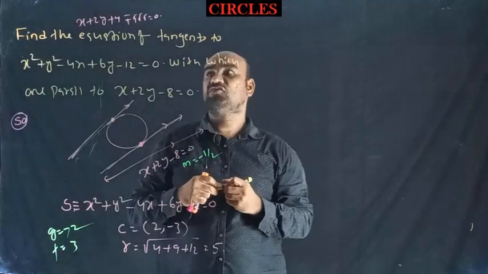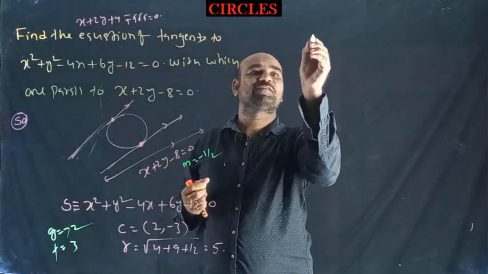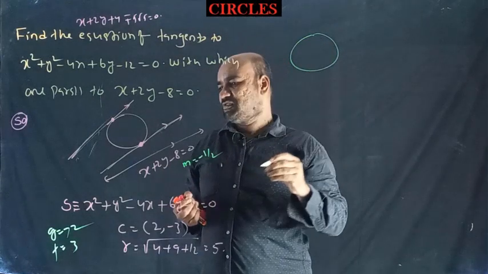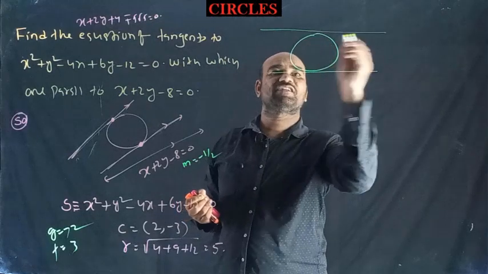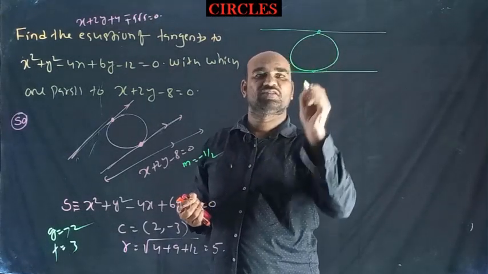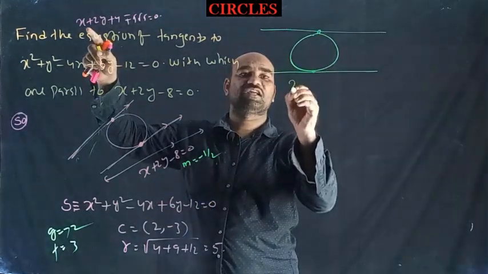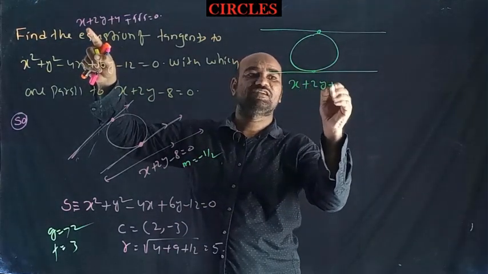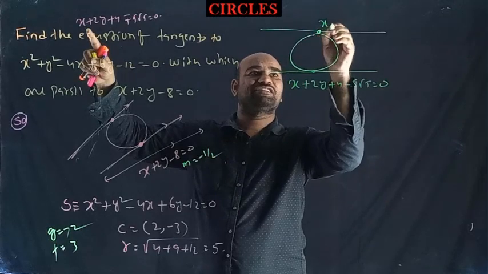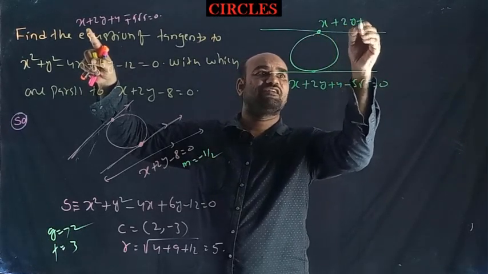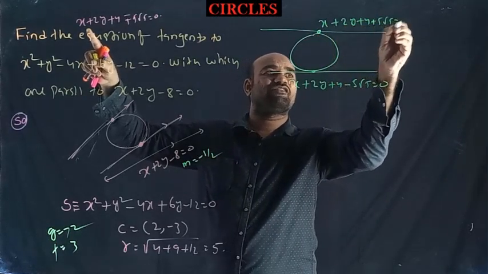Okay students, just now we got the tangent equations. This is the circle, this is one of the tangents, this is another one. So this can be written as x plus 2y plus 4 minus 5 root 5 equal to 0. Another one is x plus 2y plus 4 plus 5 root 5 equal to 0.